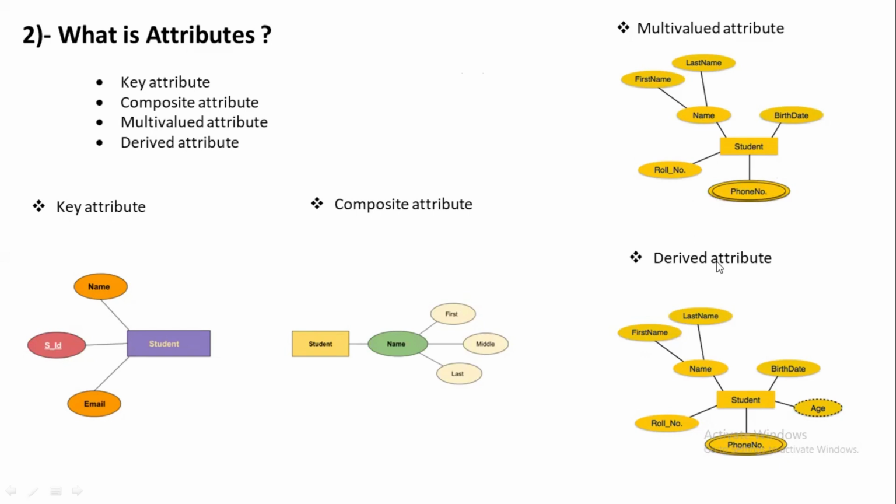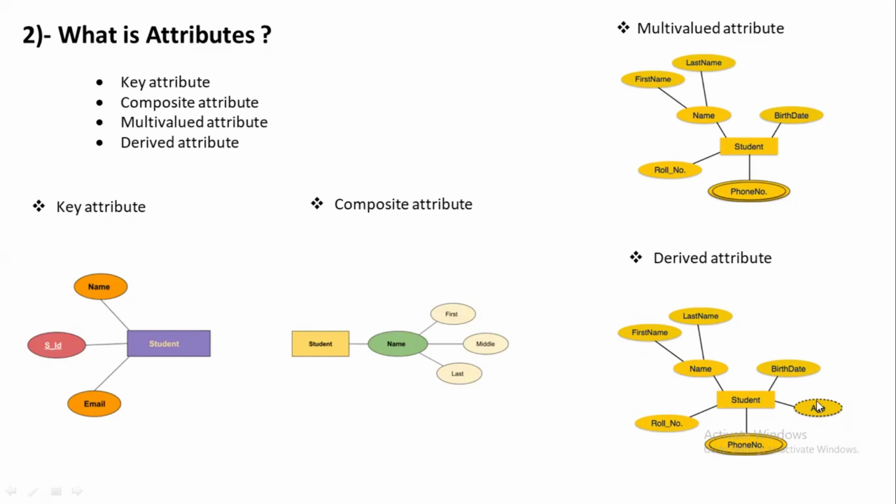So when we come to the derived attribute, it is an attribute whose value can be calculated from related attribute values, and it is represented by the dashed oval in an ER diagram. The value of a derived attribute is not stored in the database, because the value keeps changing and depends on another attribute.